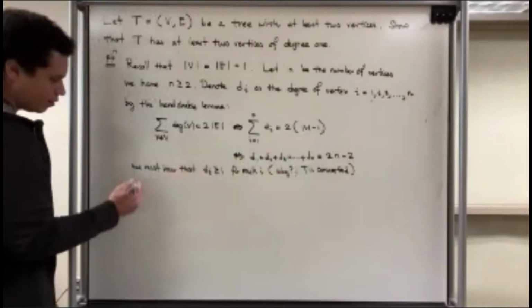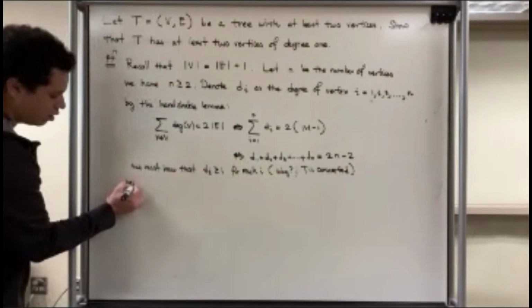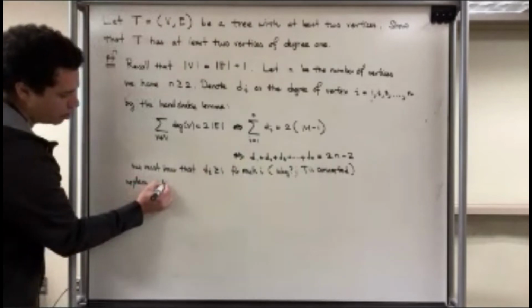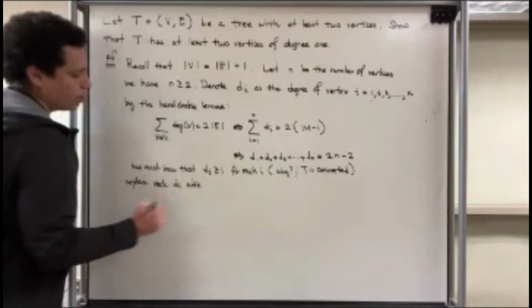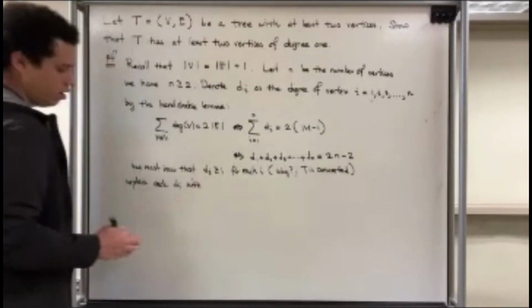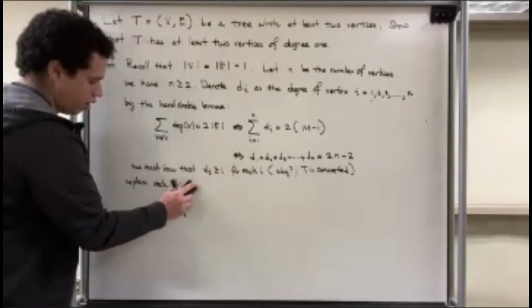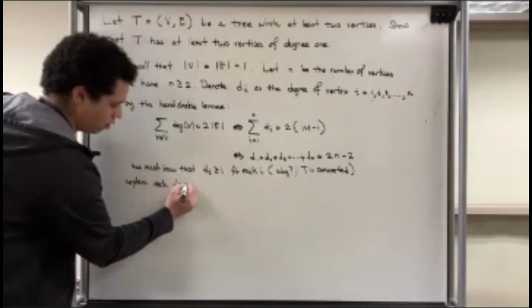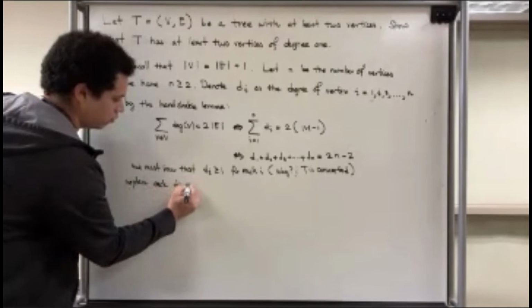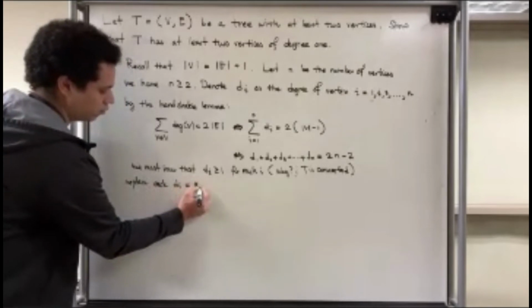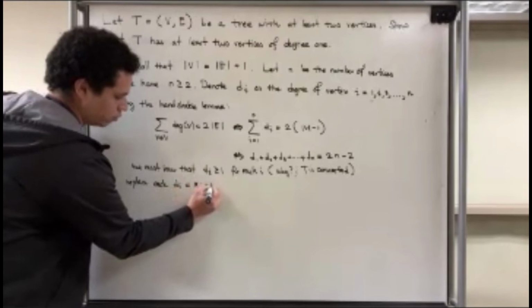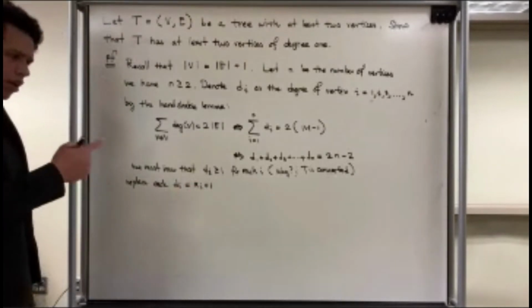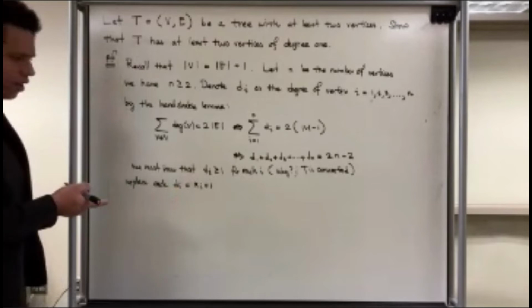So instead of having this, I'm going to replace each d_i with the following, something along these lines. And you may say, what would be the use of this?